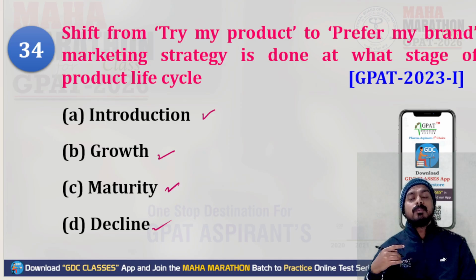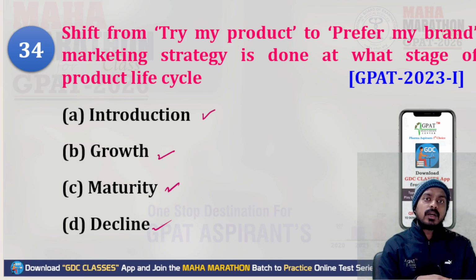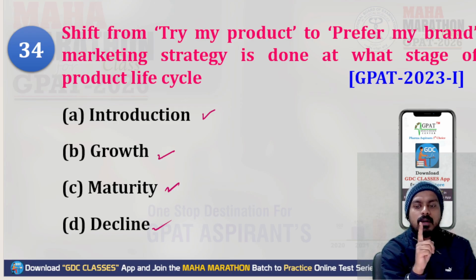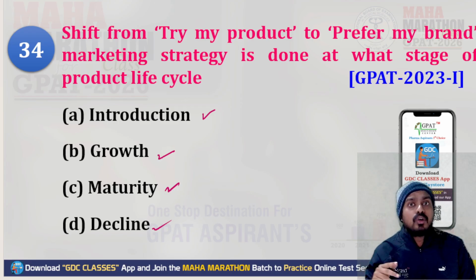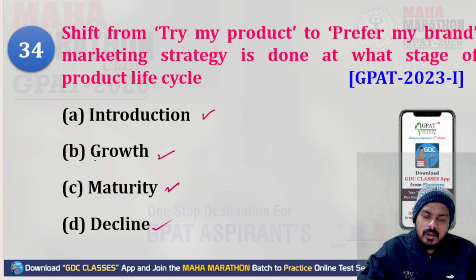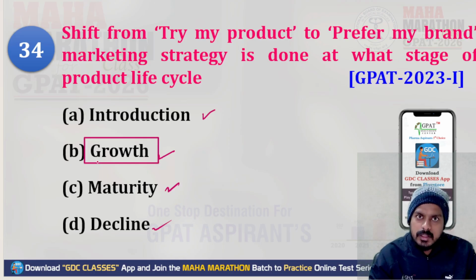When I say prefer my brand, it means I have a list of products. Try my product means I am referring to a single product. That is the difference. Prefer my brand means I am talking about the list of products inside my brand. That is basically recommended when our product or our brand is in a high growth state.